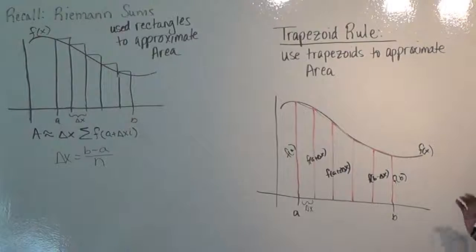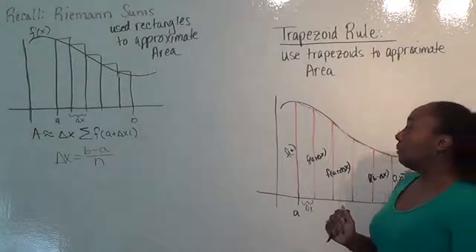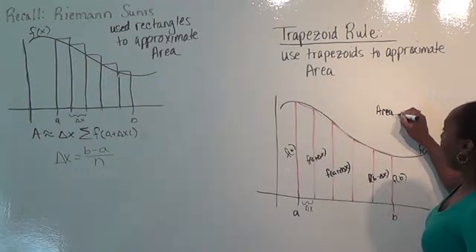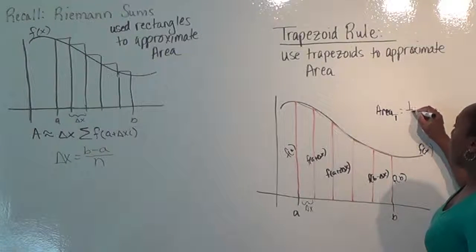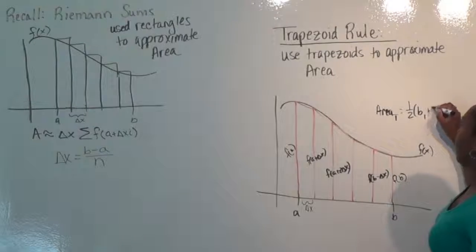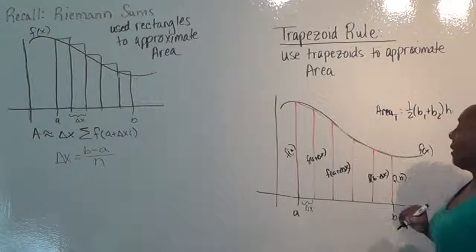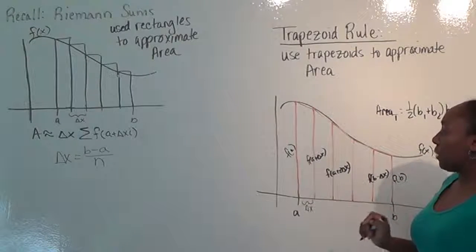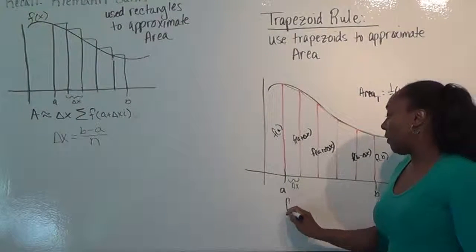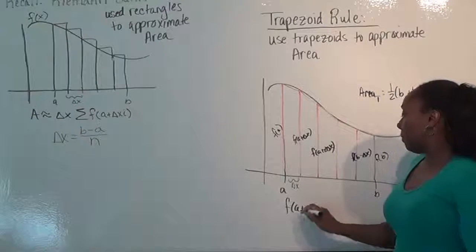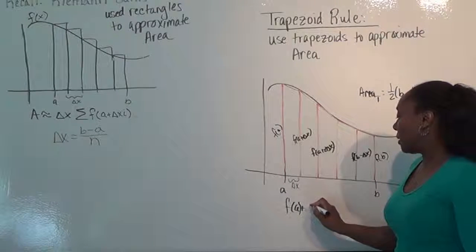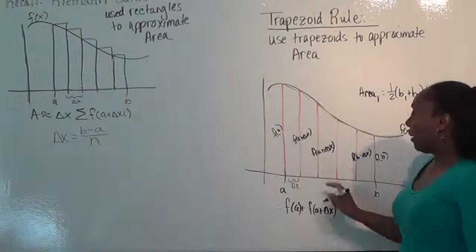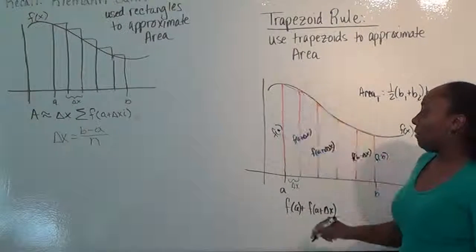Okay? And as we look at the areas, if you remember the area formula for a trapezoid, it says it's 1/2 the sum of the bases times the height. So here, if I look at the area of this first trapezoid, it's going to be f of a plus f of a plus delta x, and then multiplied by 1/2 of the height.